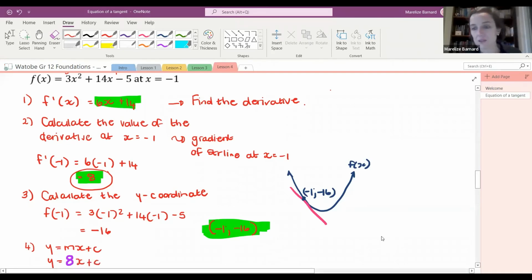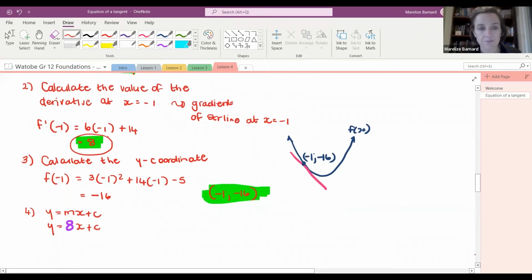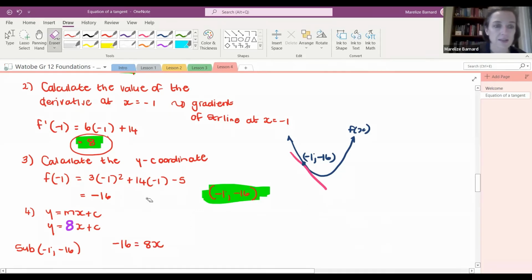Now we still need to find what c is. For c, we are going to sub in our point, -1 and -16. So y is -16, 8x, sorry, x is actually -1.